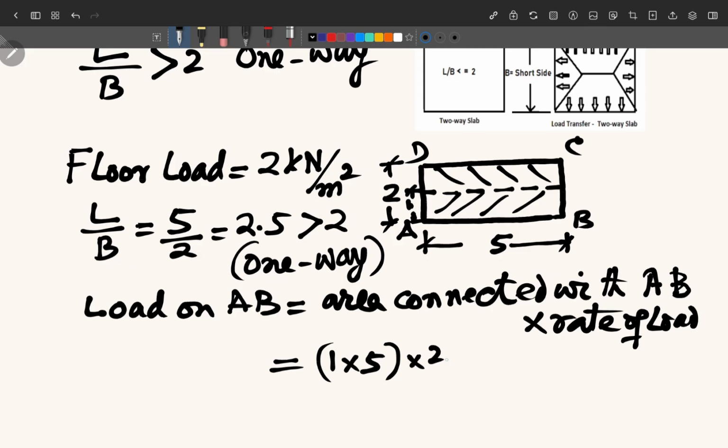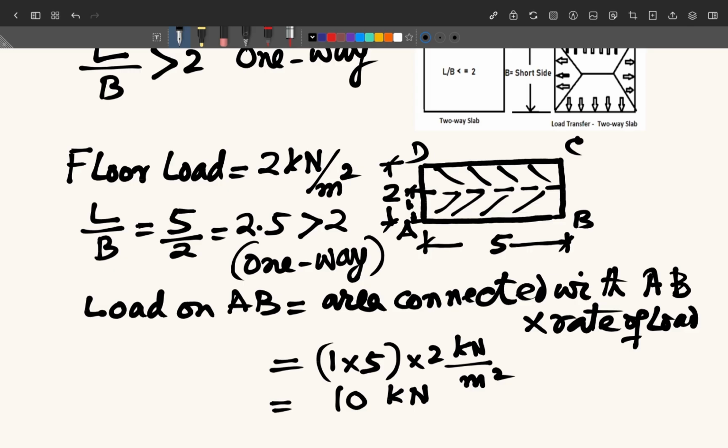So we multiply by 2 kilonewton per meter square, and with this we get the total load on the slab as just equal to 10 kilonewton.